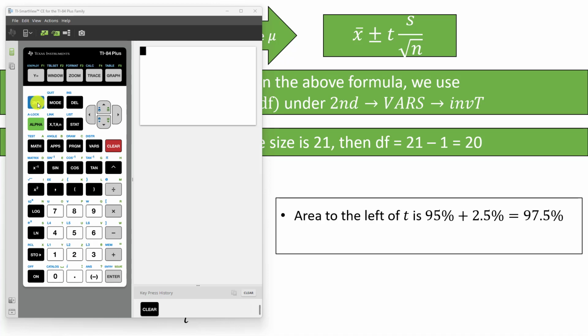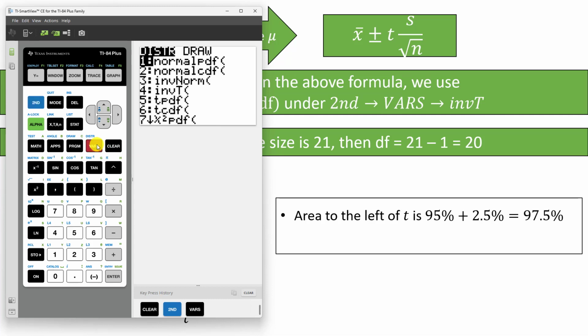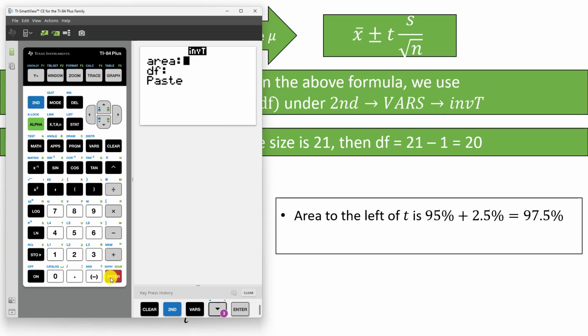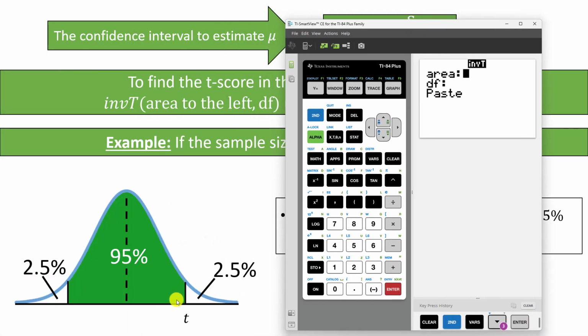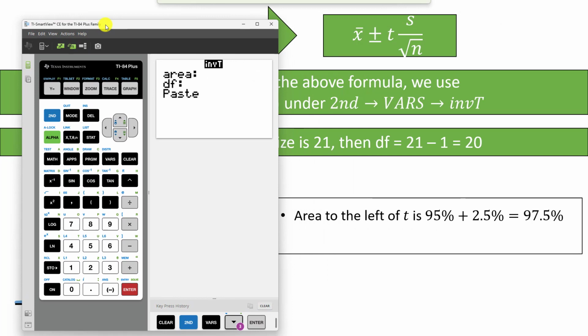On the calculator, press the second key, and then vars, which is the distribution menu, and then go down to inverse t. Press enter. For area, we put the area to the left, which is the area to the left of the t-score on the right-hand boundary of our distribution, which is 95 plus 2.5, or 97.5%.